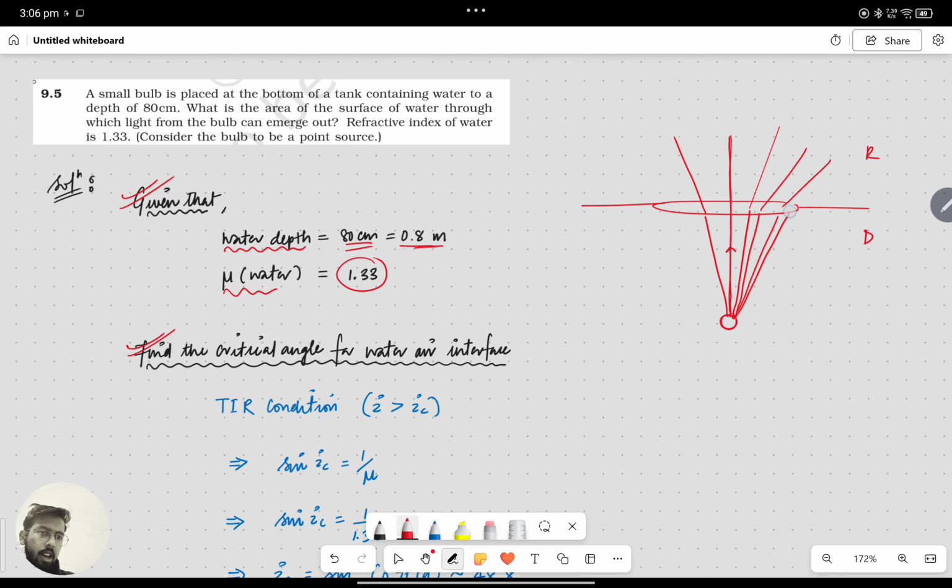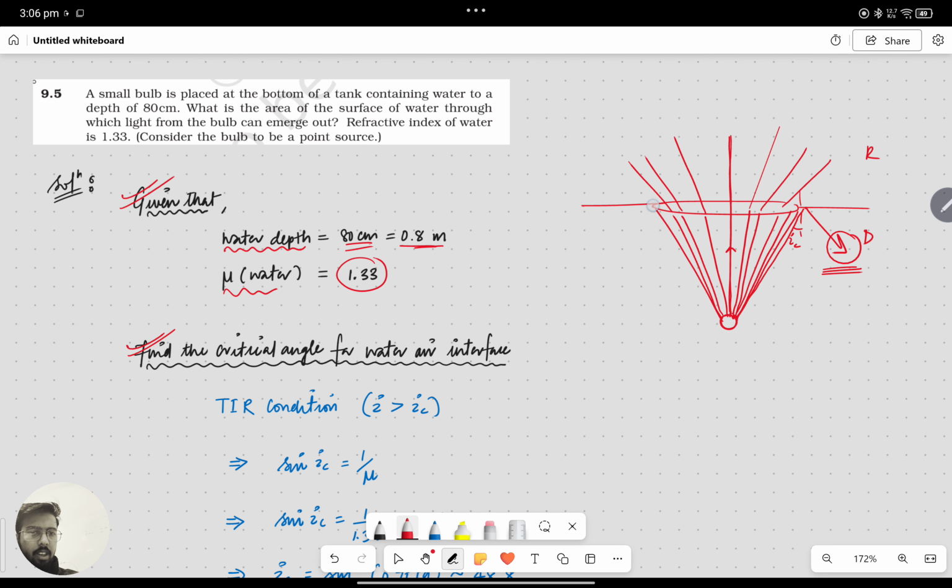There is a point that will come where the incident angle will reach the critical angle, and any ray that crosses that critical angle is going to bend back into the water. So this is going to happen, and similarly this side also the same thing is going to happen.